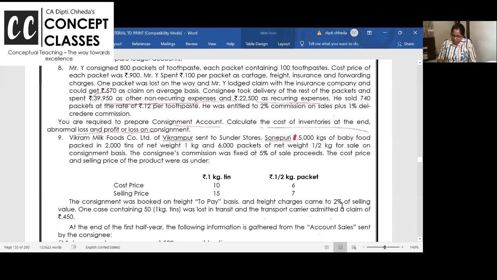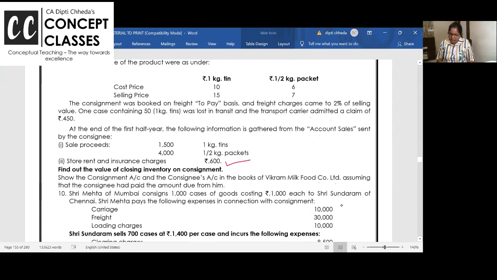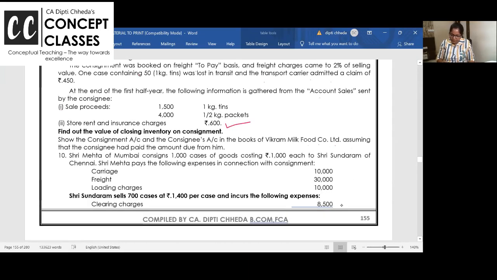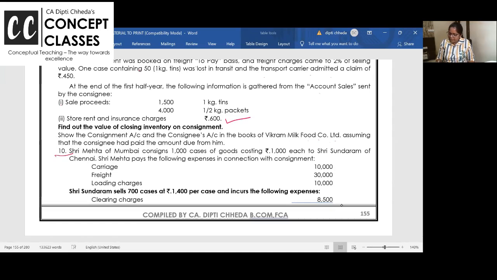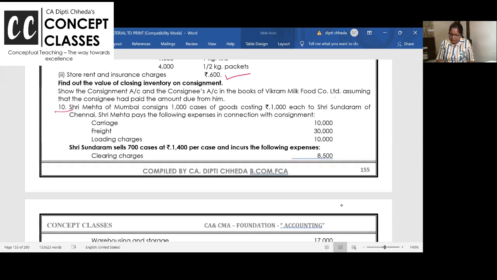Let us continue with the next problem, that is the 10th problem. Mr. Mehta, it's a simple problem but nice. Mr. Mehta sends 1,000 cases of goods costing 1,000 each to Sundaram. Mehta paid the following expenses: carriage, freight, loading charges and so on. These are the expenses of the consignor.